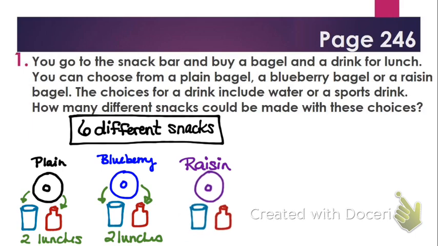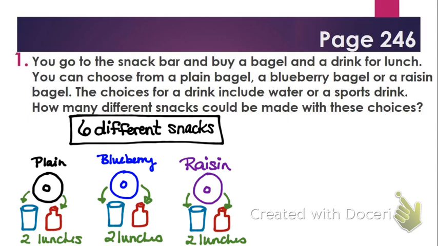And so we end up with an additional 2 lunches here. So altogether we have 6 total options for lunch. Now you might look at this and say things like, it's a bagel and a drink. That's 1 lunch. But we want to look at all the little differences that might matter to somebody. So technically we have 6 different available lunches.